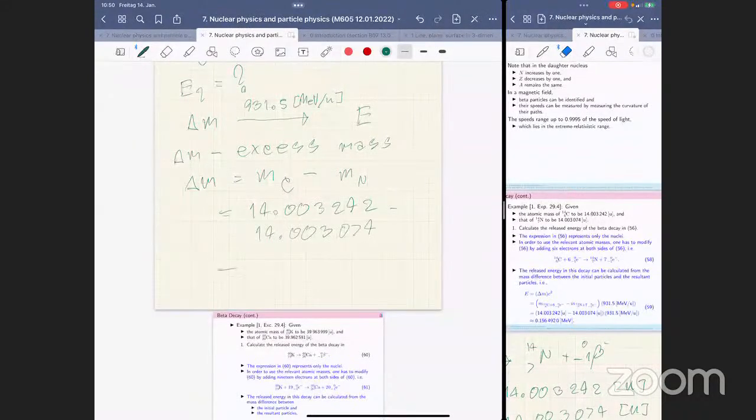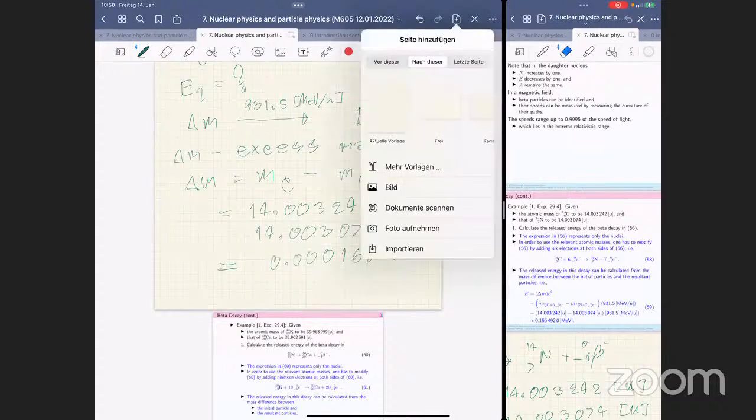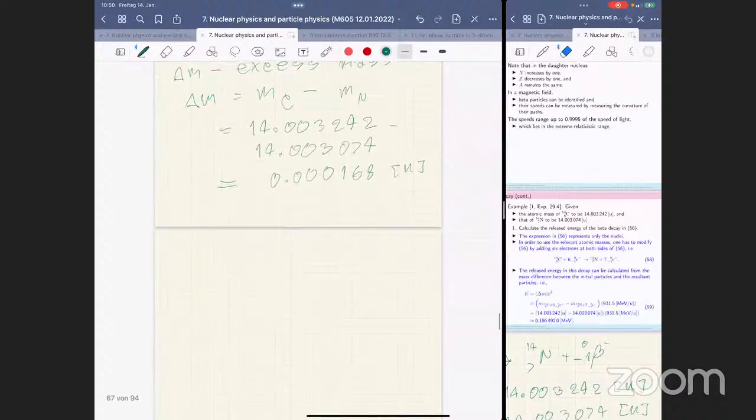You make the subtraction, and you get 0.00168. Okay, that's in atomic mass units. And after that, you convert this one.